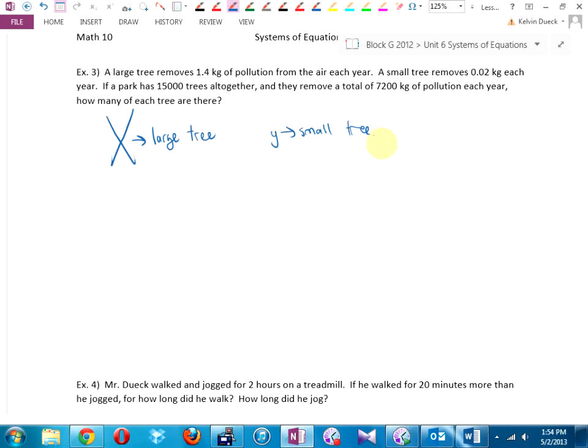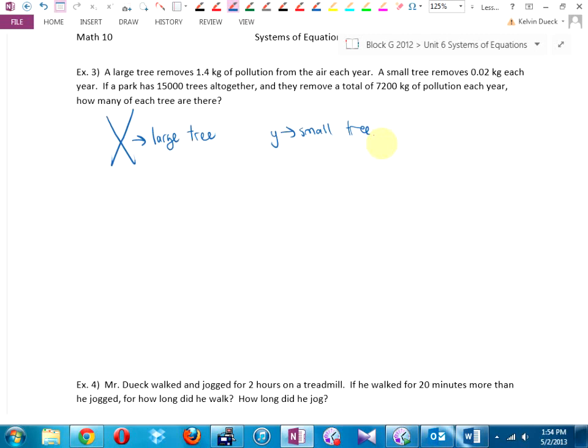How many trees altogether? How could I write that as an equation? Sarah, did you hear him? Say it loud. You're right. So, as we're learning math words, the word altogether, what mathematical operation does that one suggest?